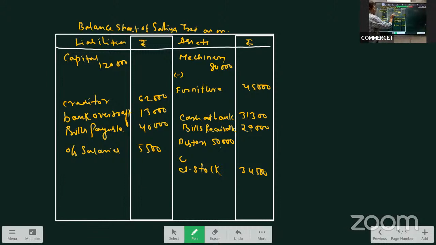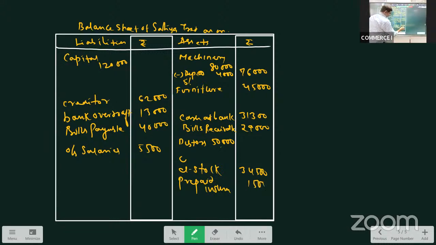At 5%. We have already provided at the rate of 5%, it is 4,000. So 76,000. Then prepaid insurance is an asset, 1,500.